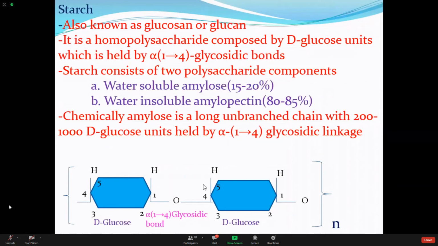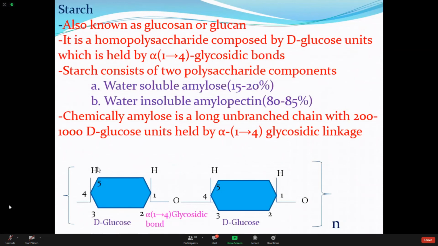So this is the molecule of amylose. Have a look here. This is one molecule of glucose, and this is the second molecule of glucose. You can see here number 1 carbon atom, number 2, number 3, number 4, number 5, and number 6.